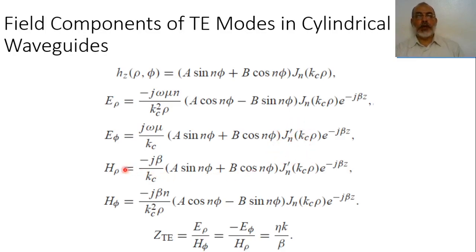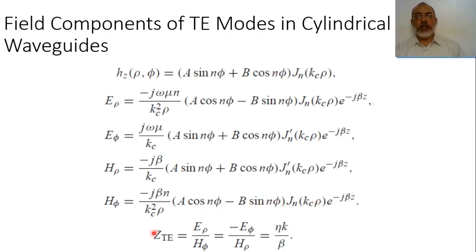In a similar way, H rho would be proportional to the derivative of Hz with respect to rho, so it will be proportional to the first derivative of the Bessel function. And finally, H phi is proportional to the derivative of Hz with respect to phi, so this will be proportional to the Bessel function directly.